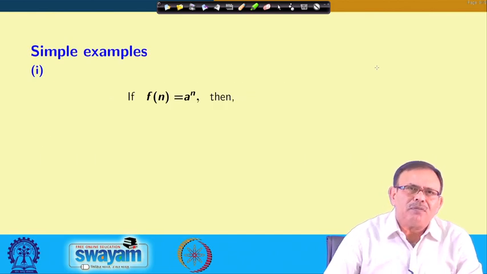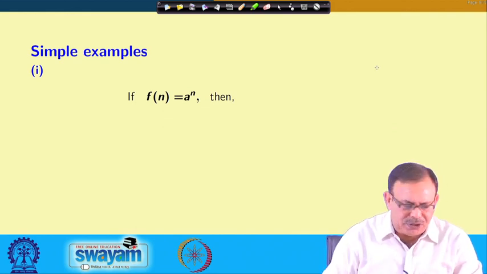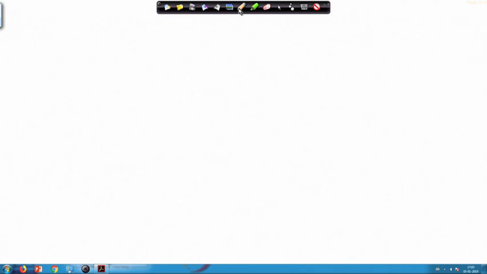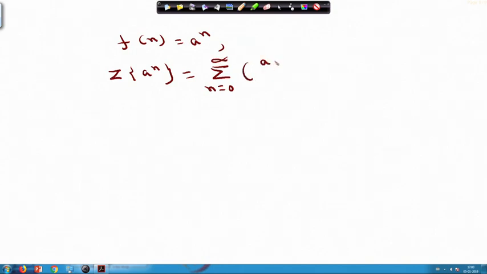Let us take some simple examples where we will try to find the Z transform of some functions. Let us take f n equals a to the power n. In that case, the Z transform of a to the power n, from the definition, equals summation n equals 0 to infinity f n into z to the power minus n.